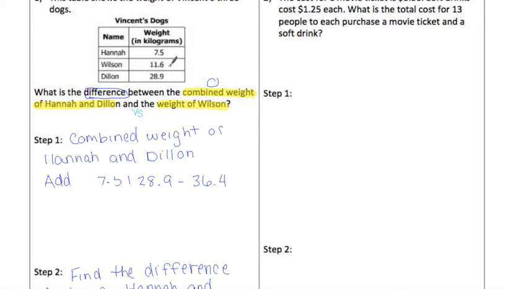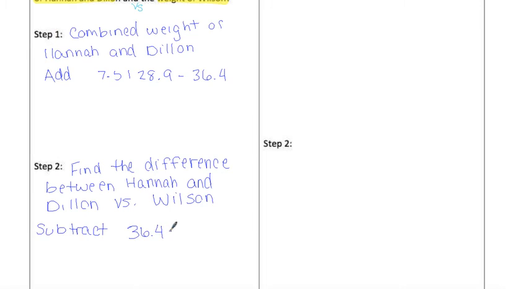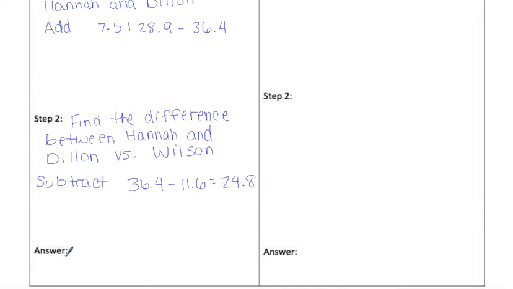The weight of Wilson is 11.6 kilograms. So we're going to subtract 11.6 here. And we're going to get an answer of 24.8. Now remember, 24.8 cannot be my final answer. I need to label it as 24.8 kilograms is my final answer for that one.